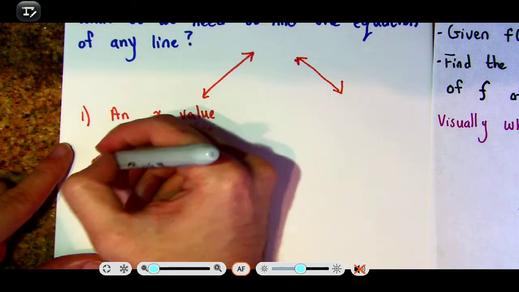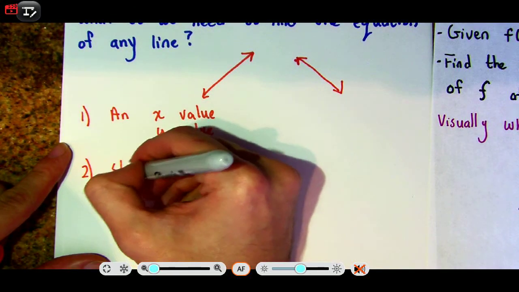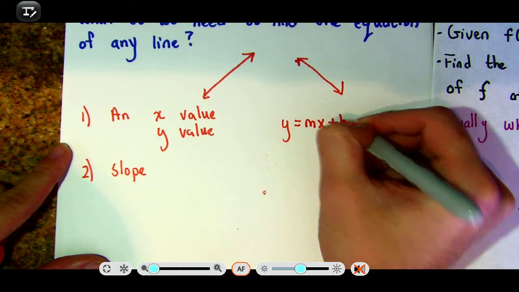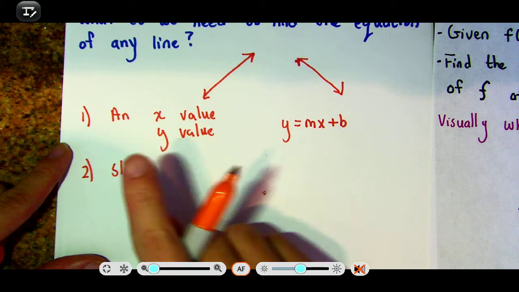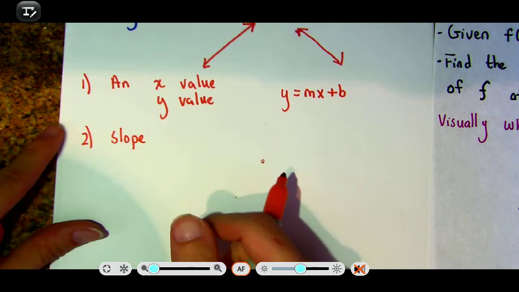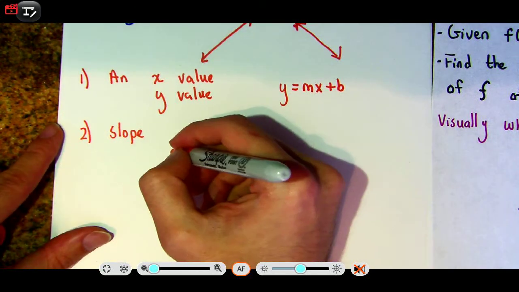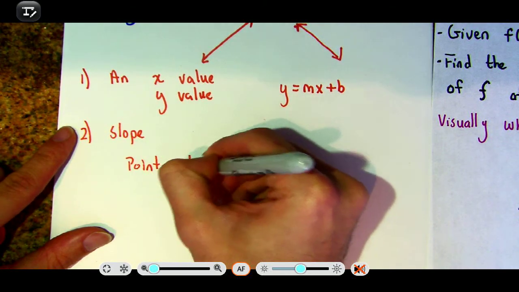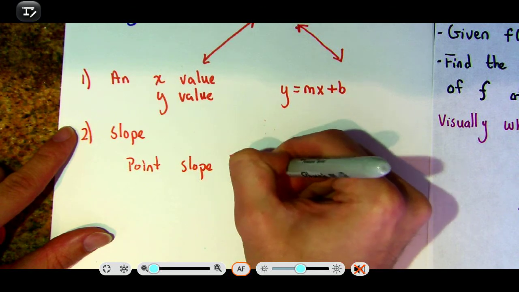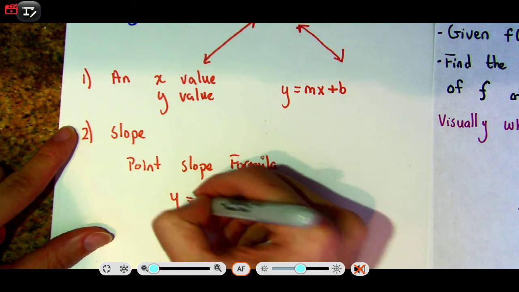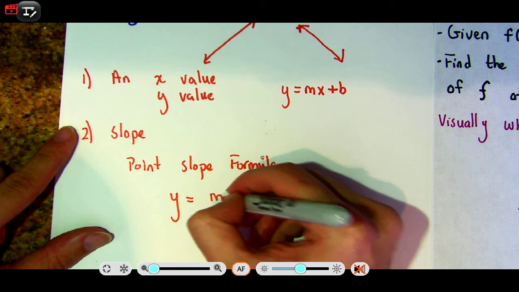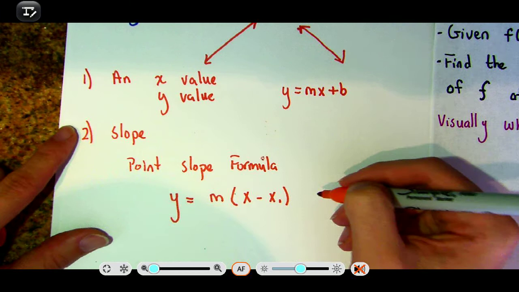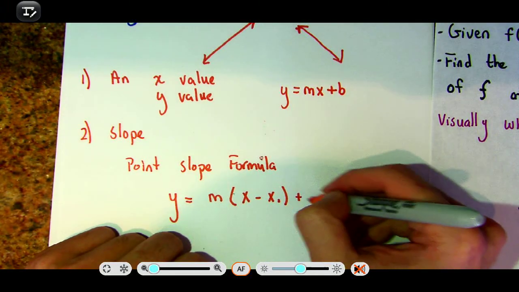Second thing we need is a slope. Because if we have some y equals mx plus b, we need a point and we need a slope. And what is the point slope formula? It should be y equals m times x minus x sub 1 plus y sub 1.